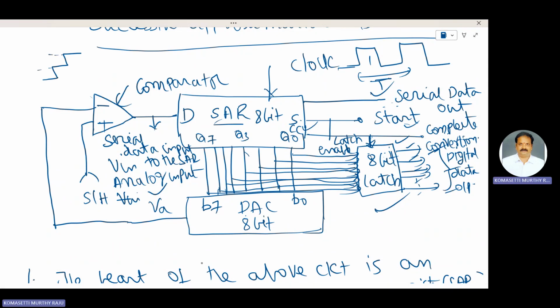The CC signal is connected to start conversion. That means after the conversion is complete, due to this connection, a new procedure will start again, and converts the next hold value into digital data.